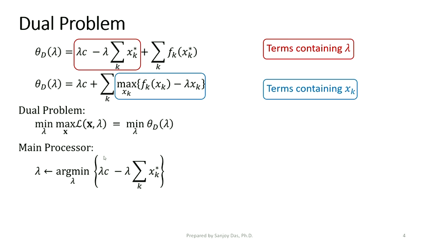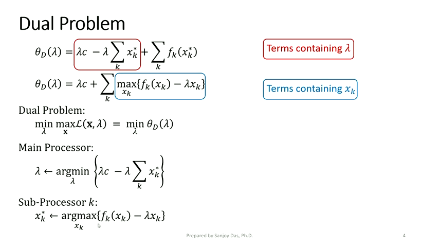So the main processor will be handling the lambda, and each subprocessor k will only handle an xk in this setup. So this is what each subprocessor will do. Xk star will be the argmax with respect to xk of fk of xk minus lambda xk.